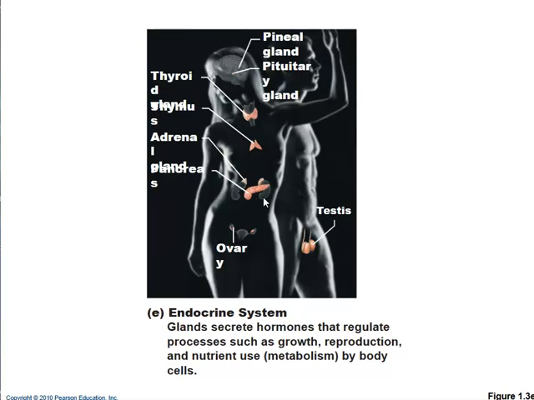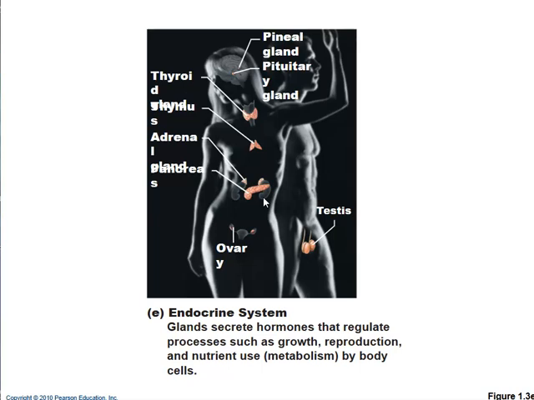So the endocrine system, which is your glands, secretes hormones for growth and reproduction. But when we talk about the reactions of the endocrine system, they usually have a very dramatic effect that happens very slowly, but usually is permanent.